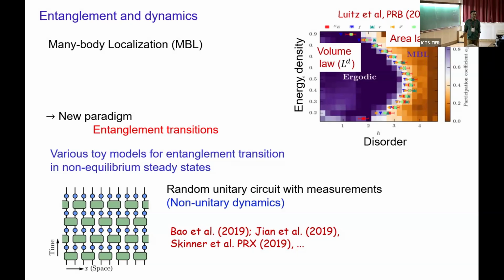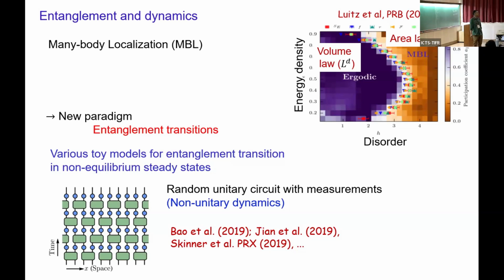You don't even know the leading term, forget about the subleading corrections. So what this critical phase is like is a mystery. There is no method, not even a numerical method, that can access this. Yeah, this is quite a generic phase diagram. Any generic system, if you have strong enough disorder, you will see this.